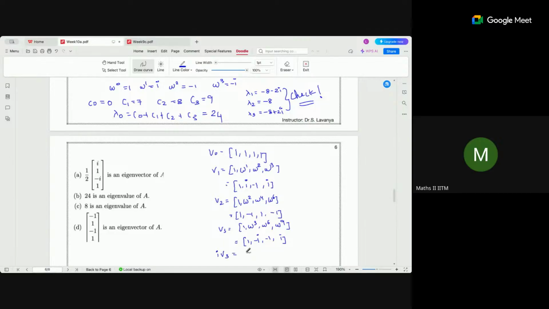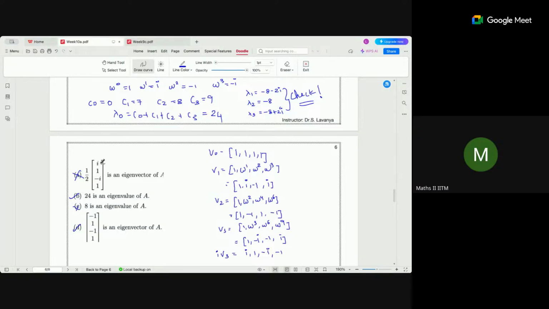It is I, 1, minus I, minus 1. But anyway, this also 1 and 1 is there, so it is not the correct option. So 24 is an eigenvalue, 8 is not an eigenvalue, minus 1, 1, minus 1, 1. Is this an eigenvector? Yeah, it is just the negative of this, so this is fine.